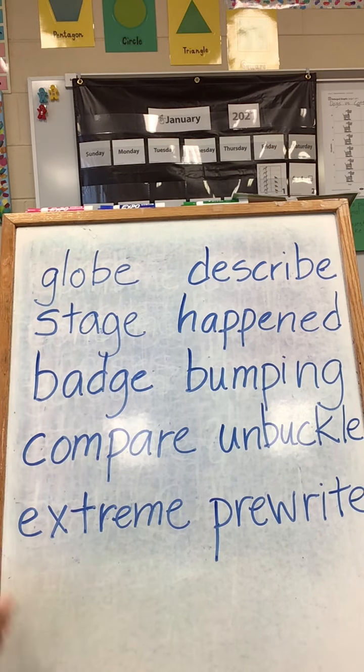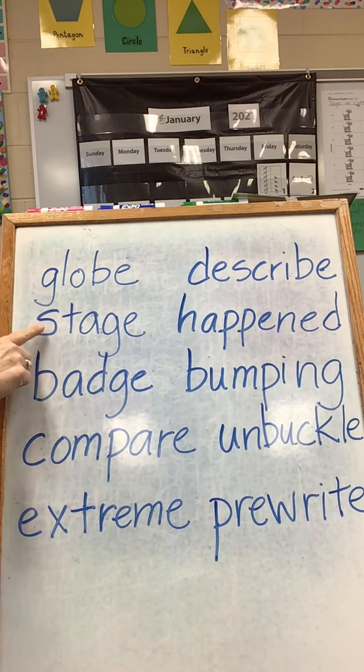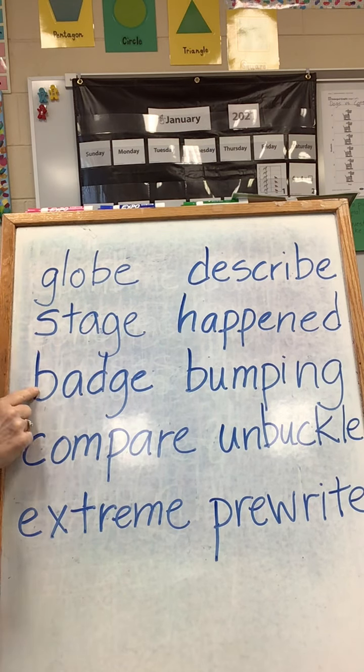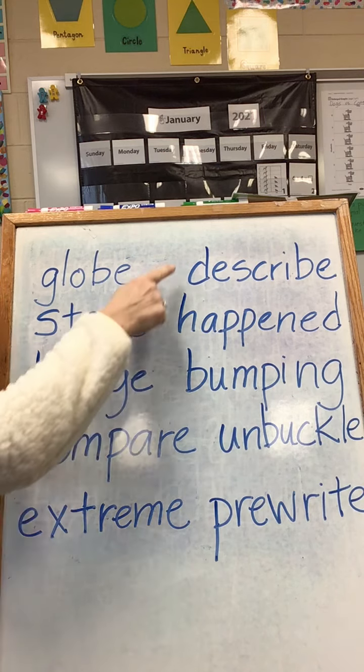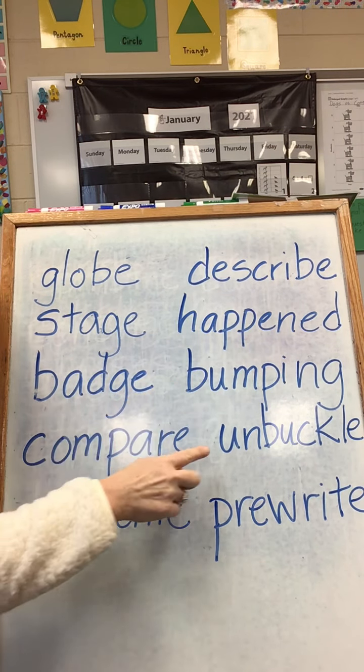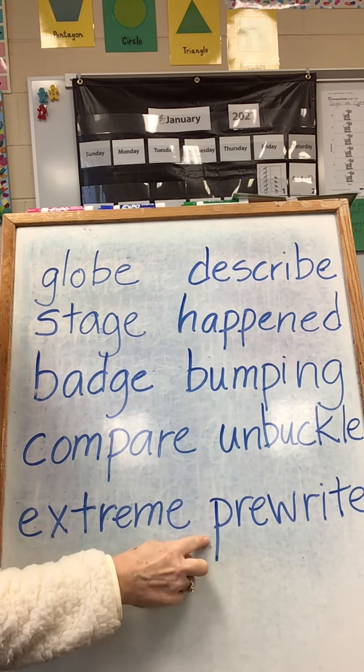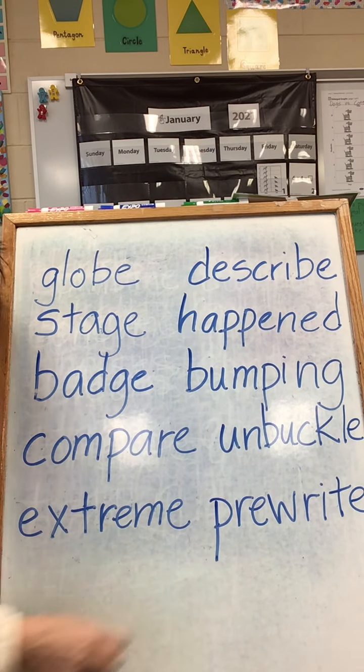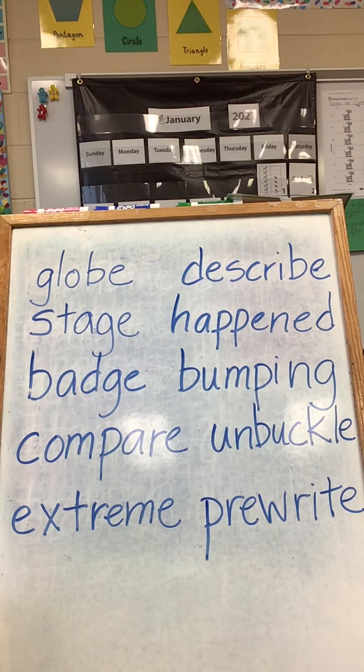Okay? So let's say my word's medium fast this time. Globe, stage, badge, compare, extreme. Describe, happened, bumping, unbuckle, pre-write. Try them again a little bit faster.